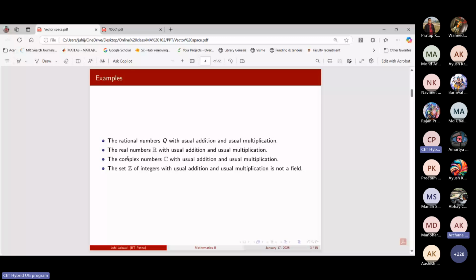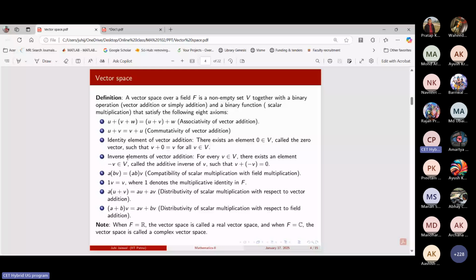Now, what is a vector space? For a vector space, we need four things. First one, we need a field. That's why I have defined the field first. Second, we need a set V, capital V, which will contain some elements, and two operations defined on it.